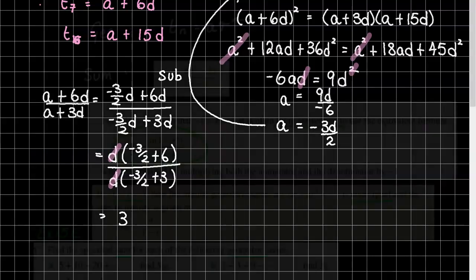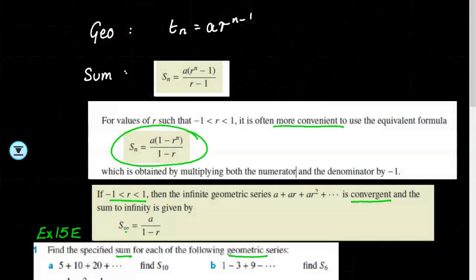So, that was the geometric sequences. As soon as they start saying, add up your geometric terms, then we're looking at our formula here. Who can remind me what we were talking about with this formula?